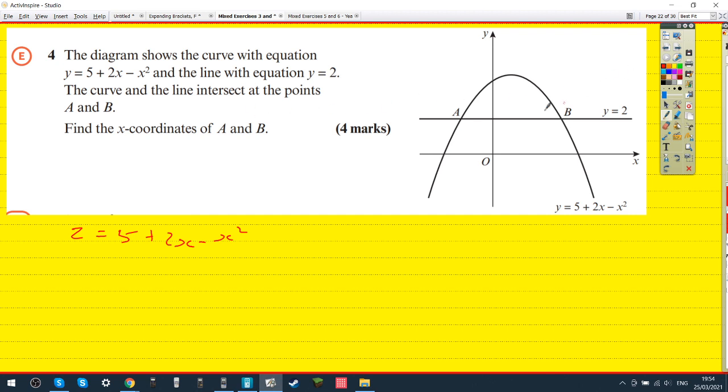So although it looks similar, I'm just talking about the curve and the line. Okay. So you know there's 2 because of the graph. There's 2 roots. Yeah. How do you know that? Because it passes through the y equals 2 line. Yeah. It's got 2 points of intersection.